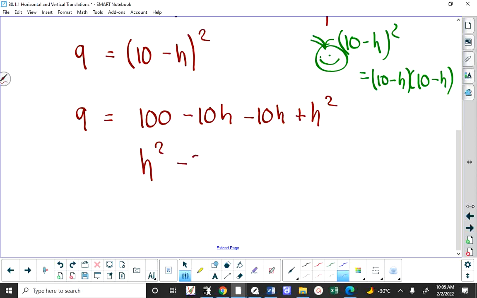I have minus 20h. Then I have plus 91, because I have to take 100 minus 91. Is this factorable? Are there two numbers that multiply to give 91 and add to give negative 20?